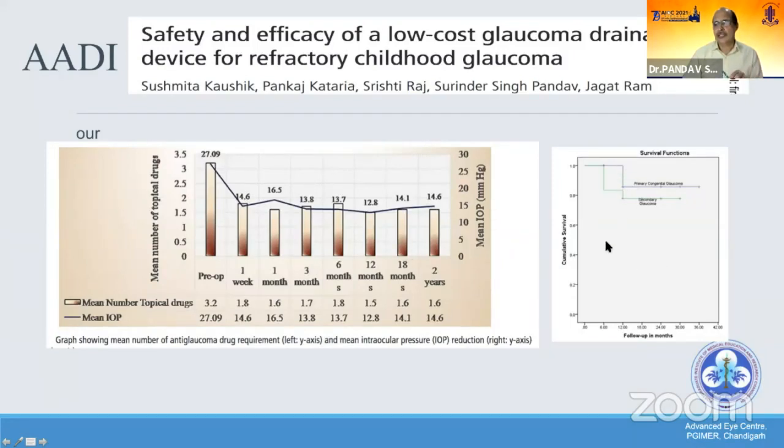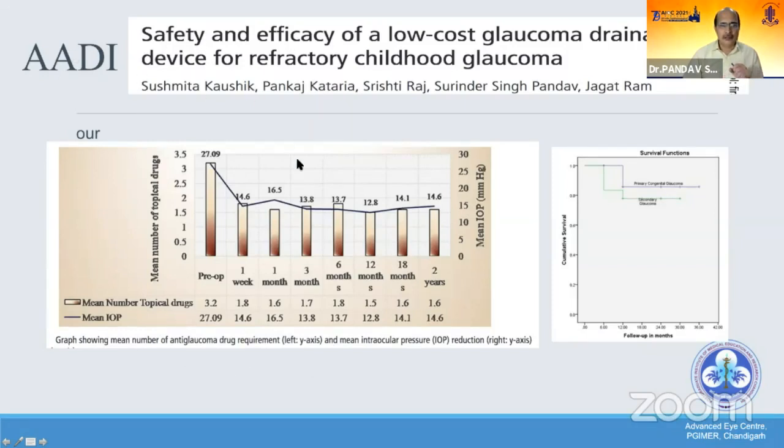And if you look at the survival function, in both primary congenital glaucoma as well as secondary congenital glaucoma, there's a significant drop in IOP. The IOP remains well controlled in both these conditions right up to 2 years.